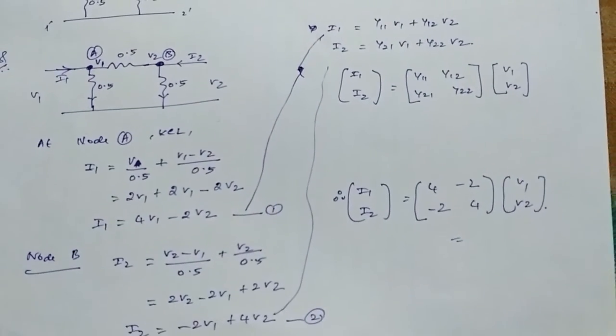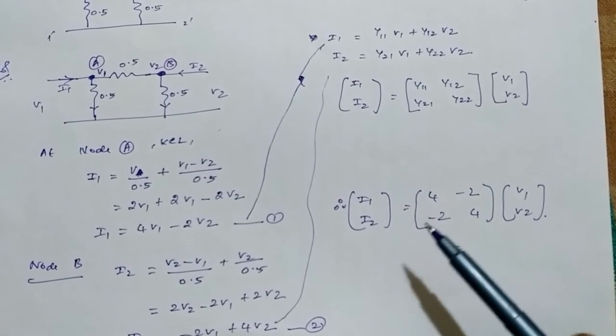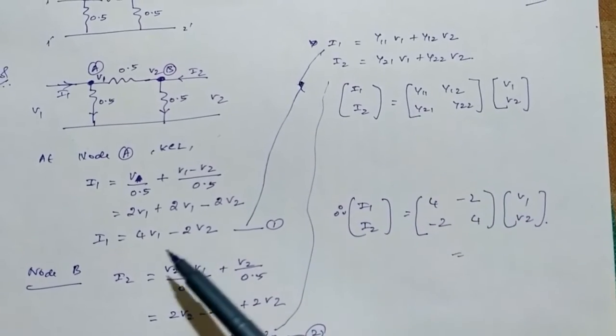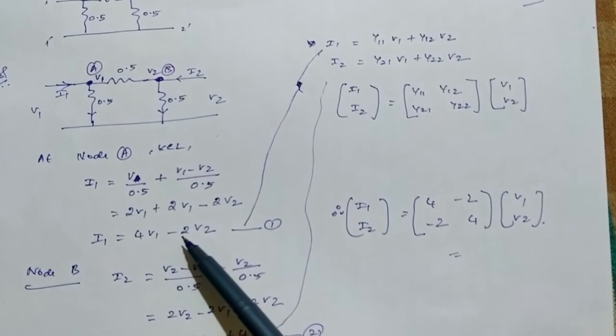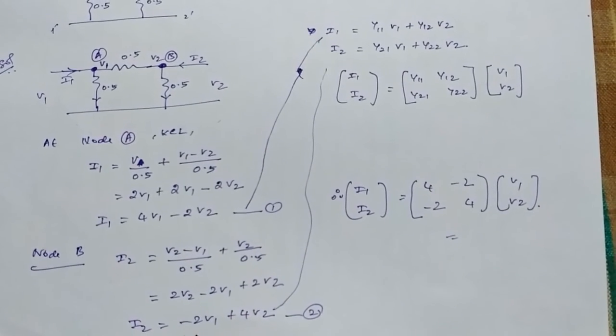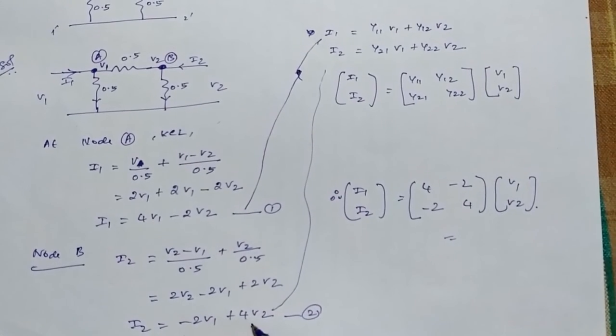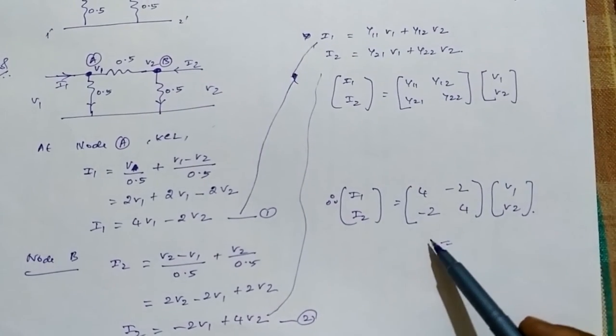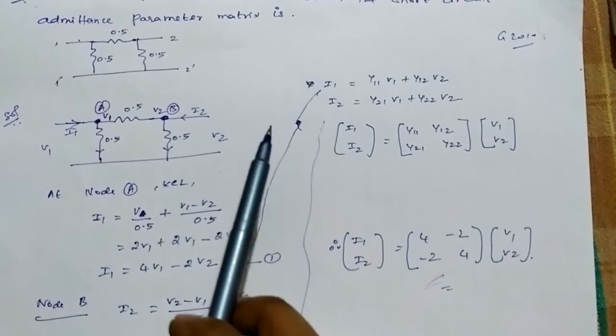When we compare, we can write Y11 is equal to 4, Y12 is equal to minus 2, Y21 is equal to minus 2, Y22 is equal to 4. So this is the admittance matrix of the given problem.